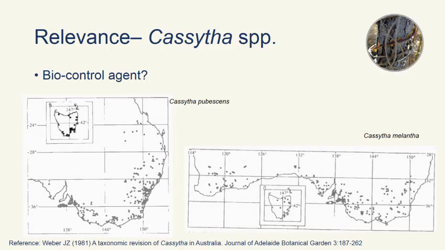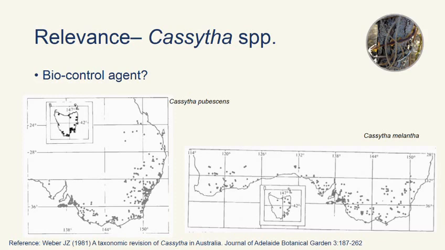So coming to the relevance for this, a similar or related species of the parasitic vine has been investigated here at this unit to see if it can be used as a biocontrol agent to fight invasive species, and there are some suggested findings that it can actually be used for such a purpose.